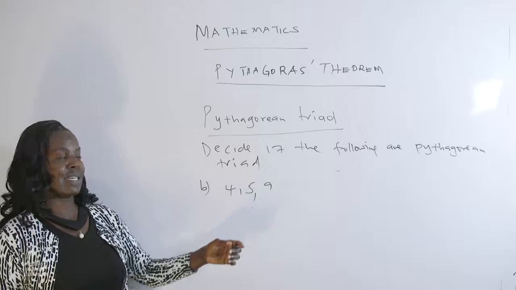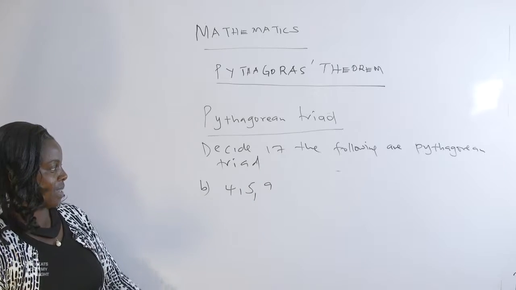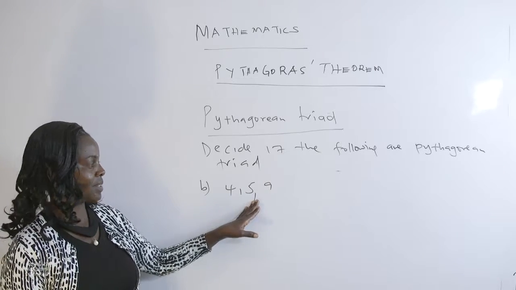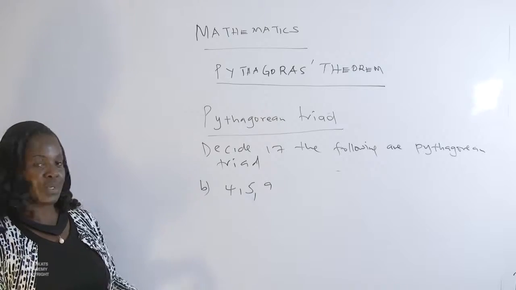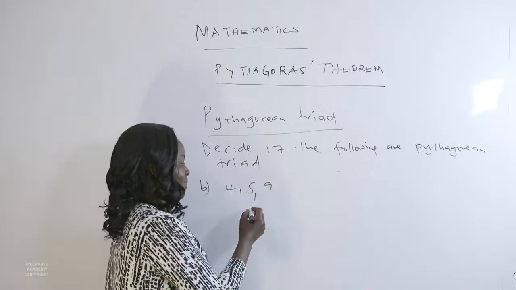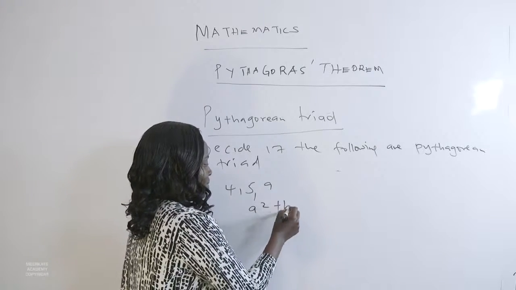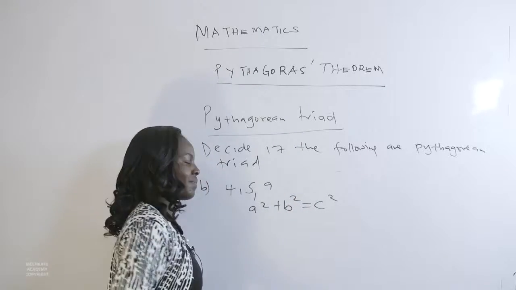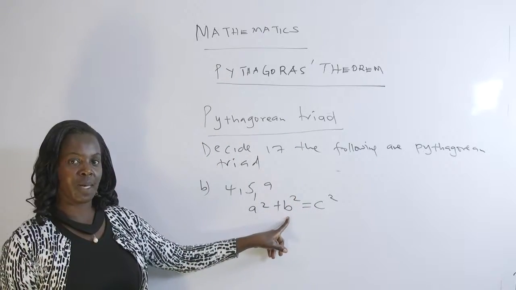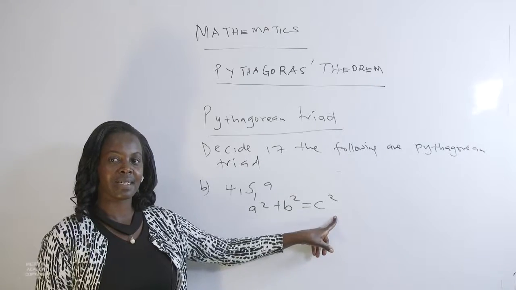Let's see if these three are a Pythagorean triad or not. Again, what do we use? The formula a squared plus b squared will give us c squared.